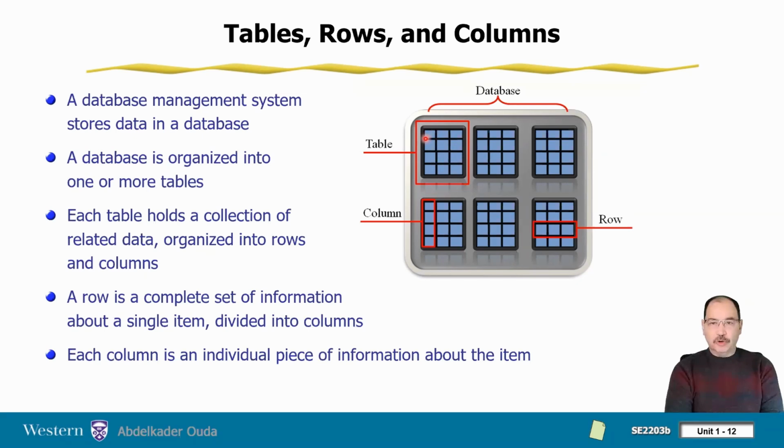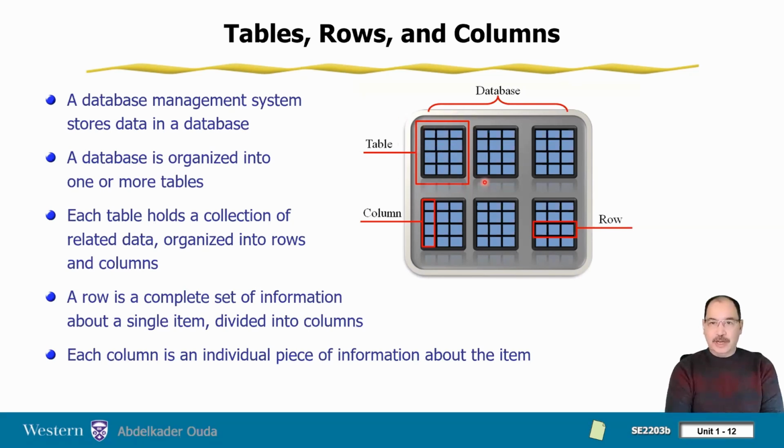And if you need to compare this to a UML diagram or UML class diagram, you can say each table corresponds to one class. And in your class, we have a number of attributes, a number of fields. Each field corresponds to one column.